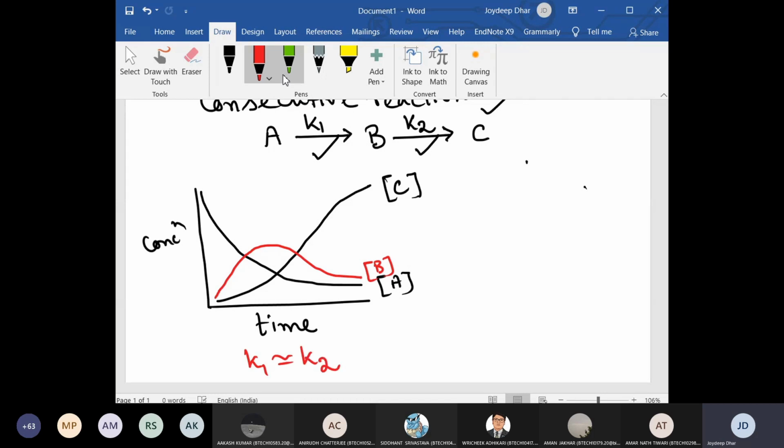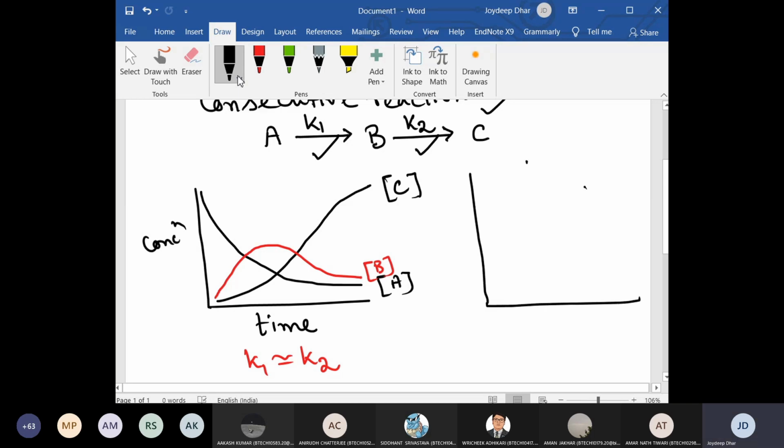So at some time the concentration of B will rise, and after that B will fall, because the rate at which B is forming is the same rate at which it is consumed. So I will have some formation of B at some intermediate time, then it is rapidly falling, following the first order rate equation. And then in the second case, the rate constant K1 is much larger than K2. Then what will happen?